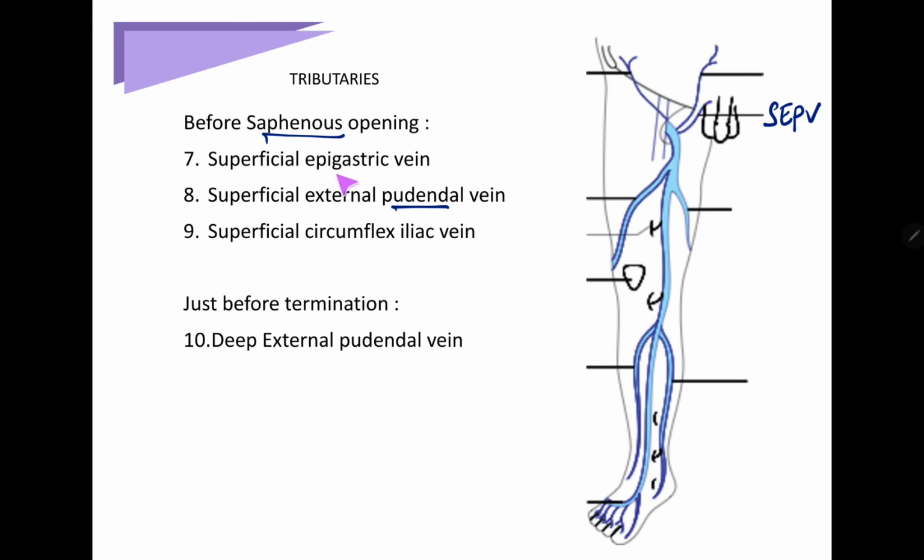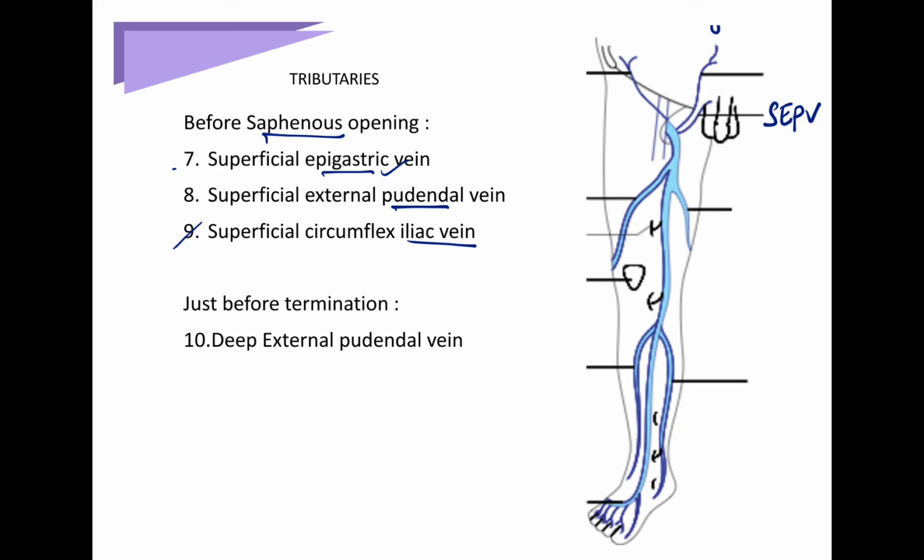Then you have the superficial epigastric vein. So in this region you have the anterior abdominal wall, right? The lower part of the abdominal wall is drained by the superficial epigastric vein. Then this vein drains the abdominal wall close to the ilium here. So that is why it has been named the superficial circumflex iliac vein. These 3 veins drain into the GSV.